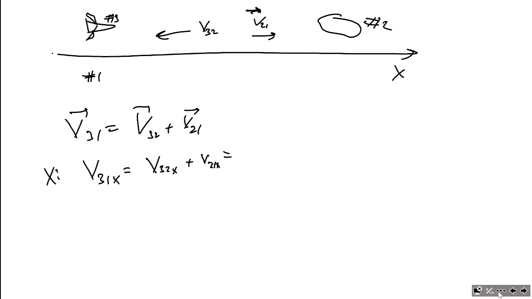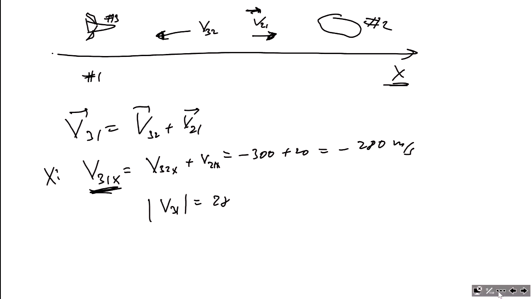But in numbers, see, this vector points opposite to the positive x direction, which means the component is negative. And this vector points in the positive x direction, which means the component is positive. So the x component of the velocity of the plane relative to the ground is negative, of course, because it travels to the left. But the magnitude, this absolute value, what we call speed, is just a positive number.